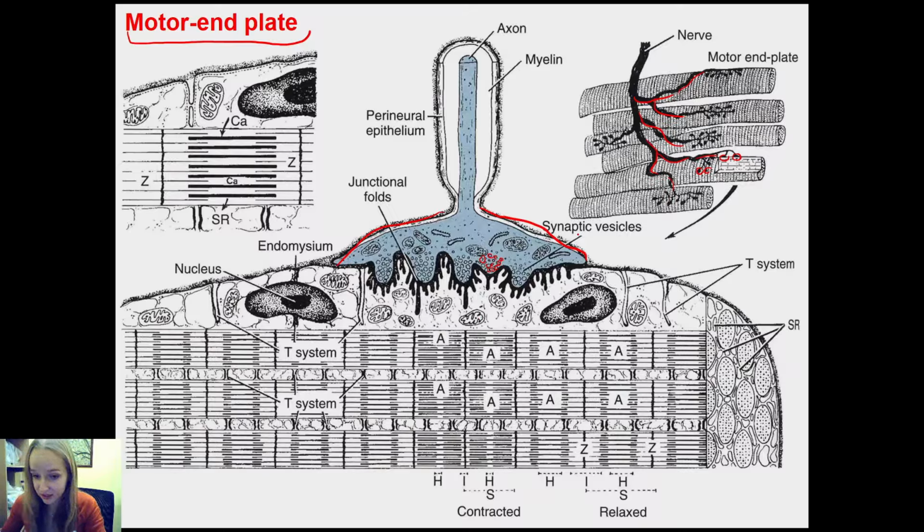The postsynaptic membrane. I'm going to bring another color over here. So here we have a membrane of a muscle fiber, and this membrane of a muscle fiber is the postsynaptic membrane. You can see it's wavy. That's because we want to increase the area where we can bind the ligands from the synaptic vesicles.